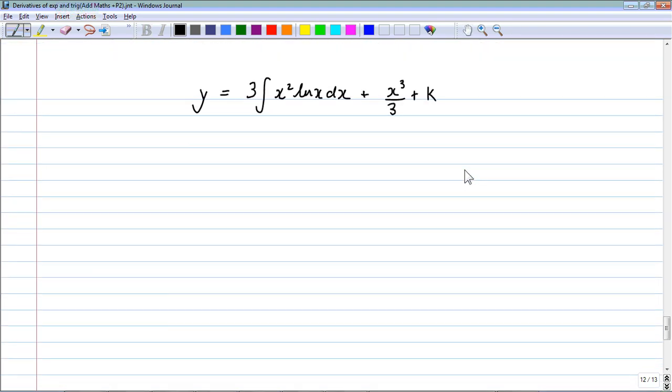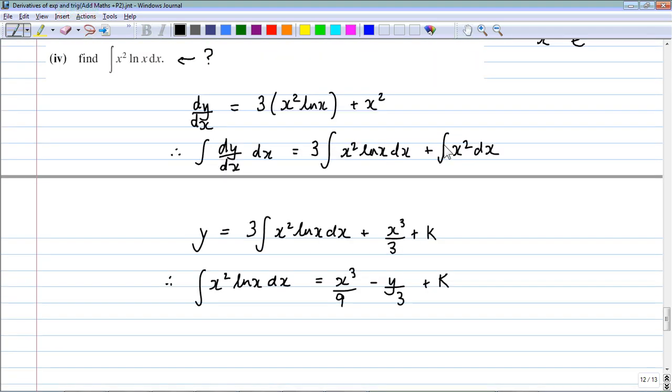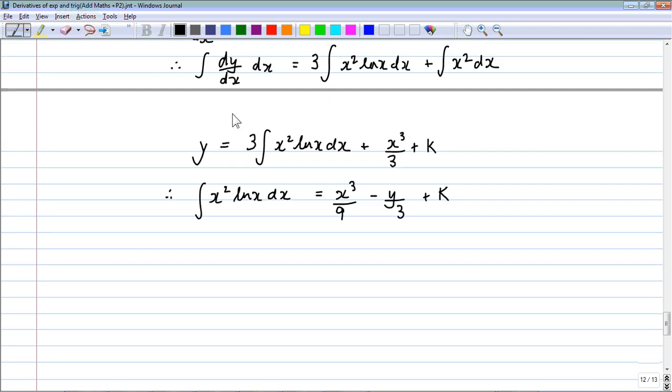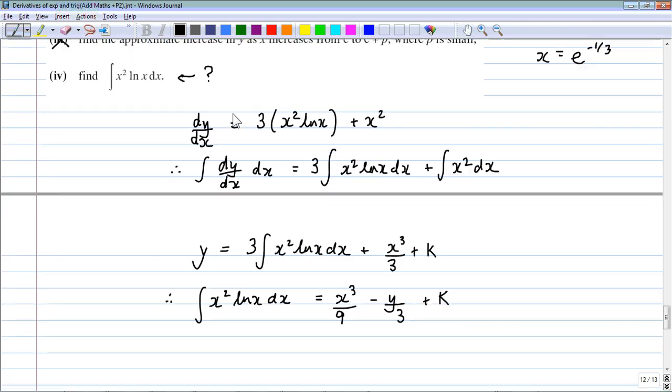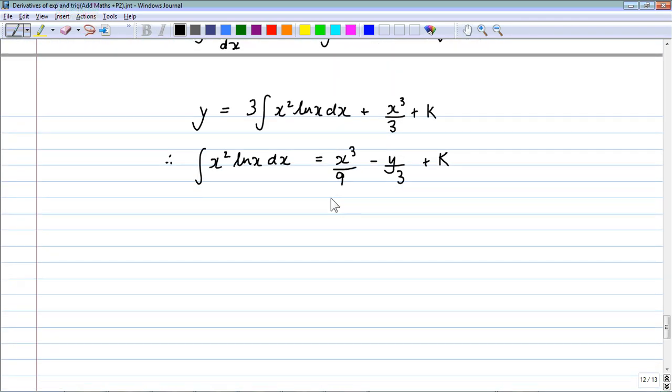Now we're going to rearrange this to give us the function we want. x cubed over 9 minus y over 3 plus some other constant. But we already know y. y is x cubed log x. So that's x cubed over 9 minus x cubed log x over 3 plus some constant.